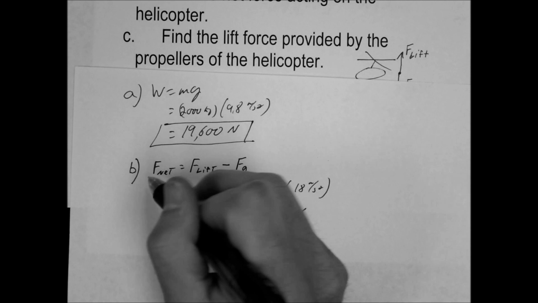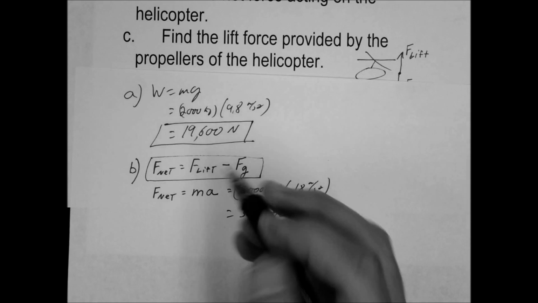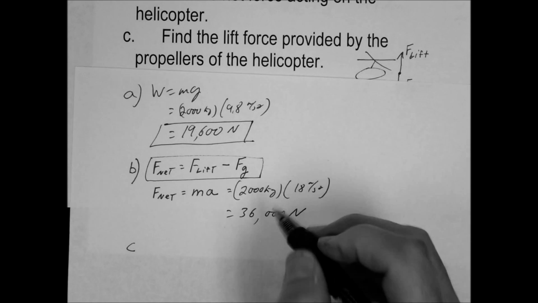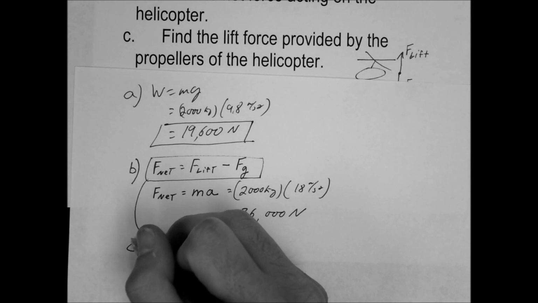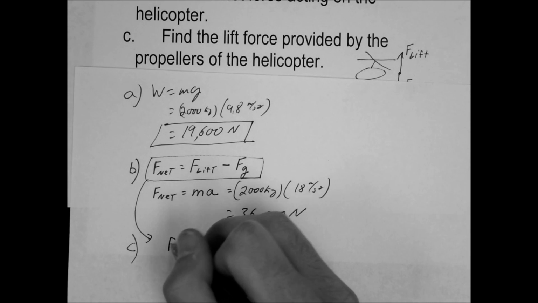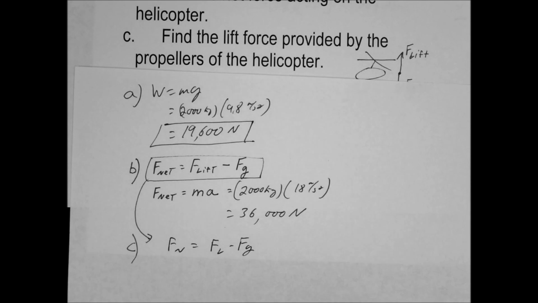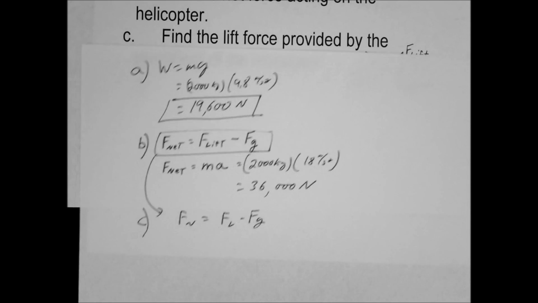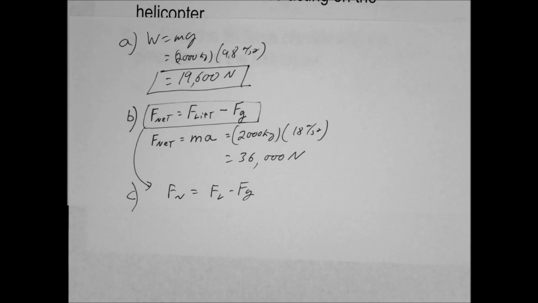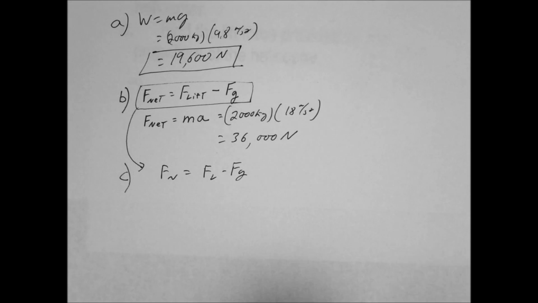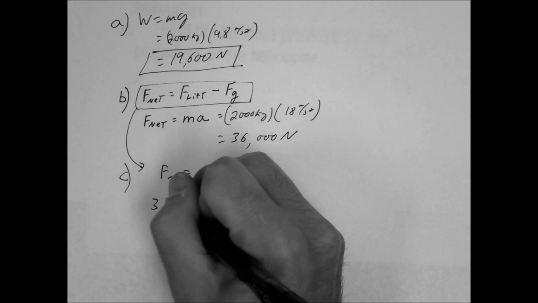So now we are going to use this part for letter C. So this part's going to essentially be letter C, right? F net equals F lift minus F gravity. So our net force was 36.